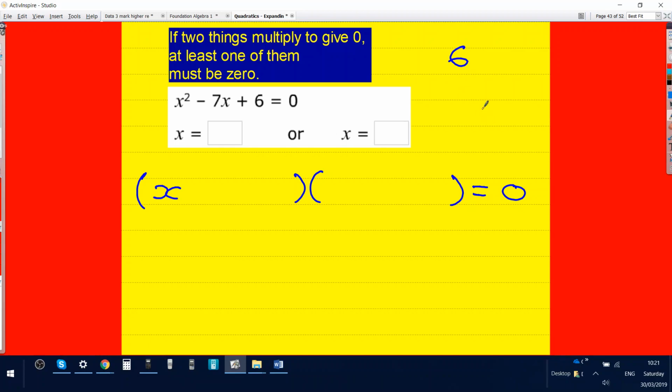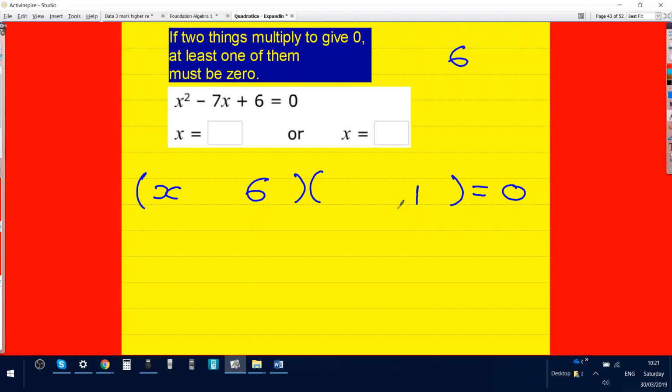Yeah. 3 and 2. Plus 6 and minus 1. So we've got 6 and 1. Plus 6 minus 1 would make 5. We need minus 7. Oh, so would it be minus 1 plus 6? Oh, sorry, plus 1 minus 6.